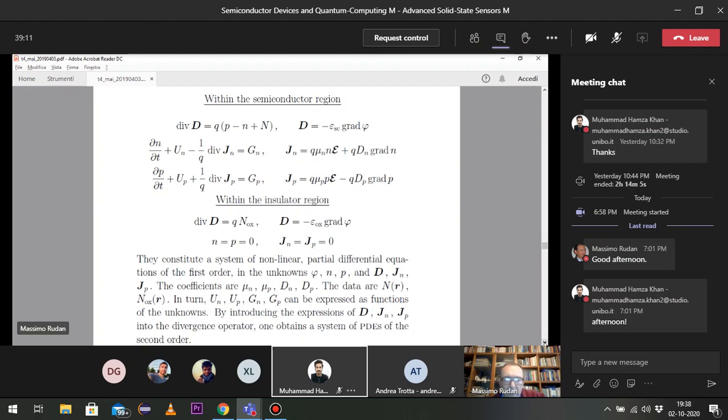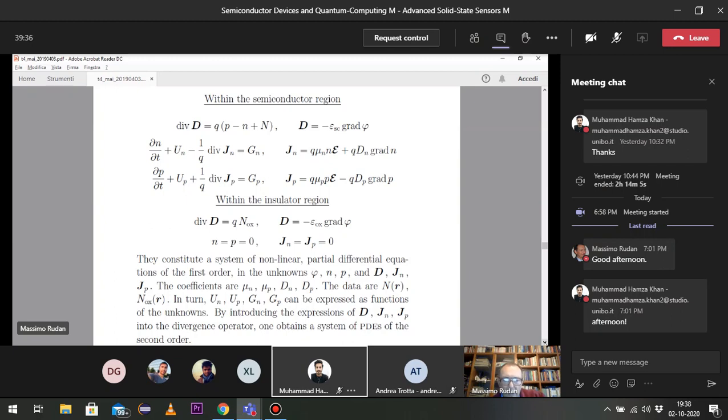The data are the dopant profile. And remember, capital N is the effective or the net dopant concentration, okay? And possibly the charge in the oxide. Okay, these are data of the equations.